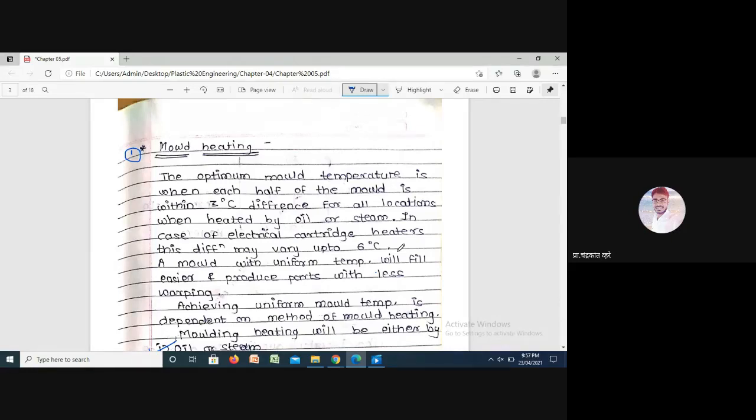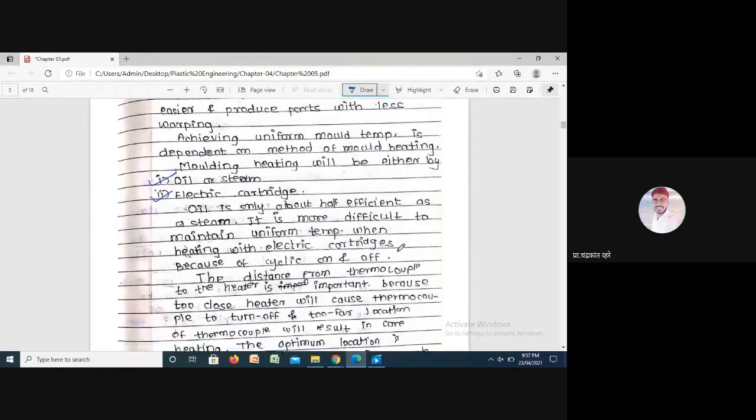This is why the mold heating process is important. For MCQ purposes, keep these two numbers in mind: in the oil and steam case, we can achieve a temperature difference within 3 degrees Celsius, and in the electrical case, within 6 degrees Celsius. That's it about mold heating.